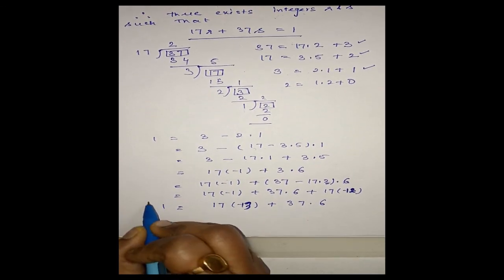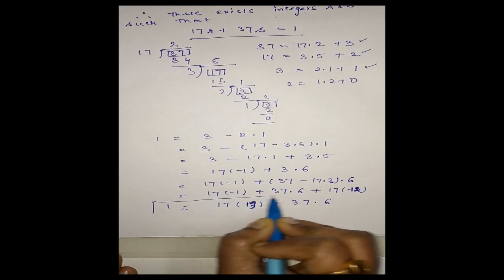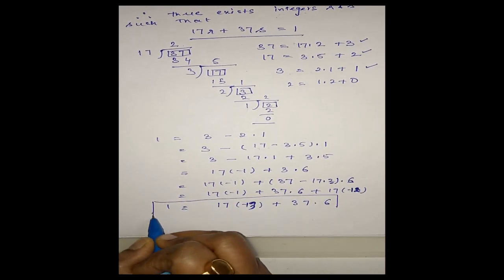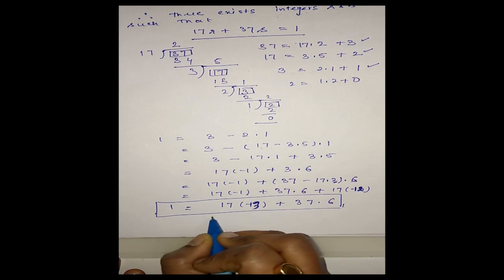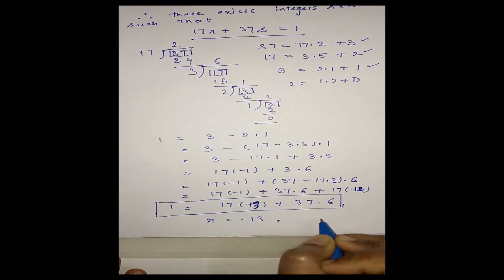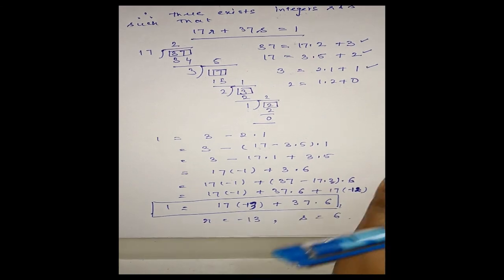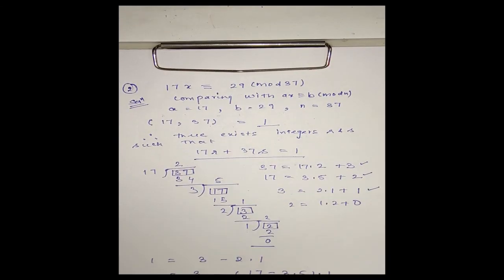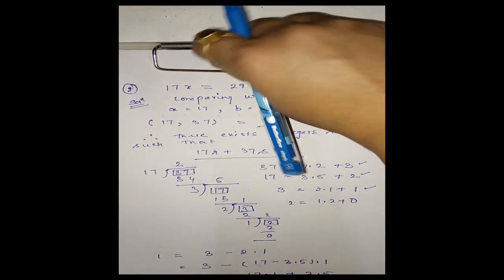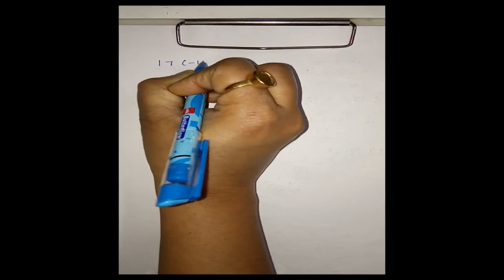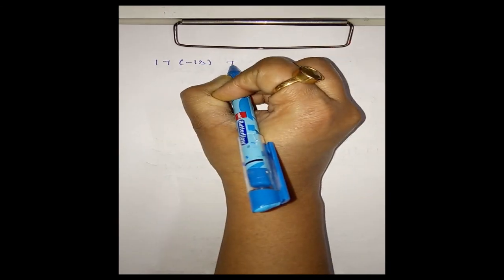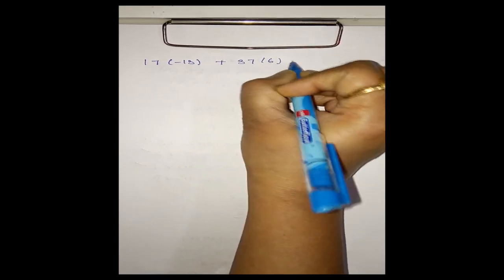That means 1 is equal to 17 into minus 13 plus 37 into 6. Here r is minus 13 and s is 6. Okay, now we have 17 into minus 13 plus 37 into 6 is equal to 1.